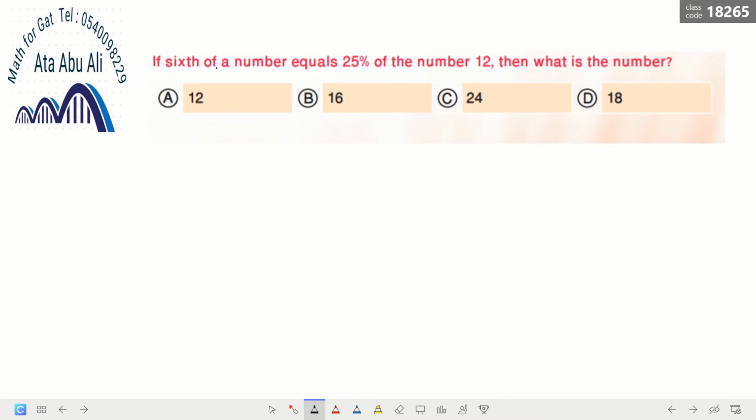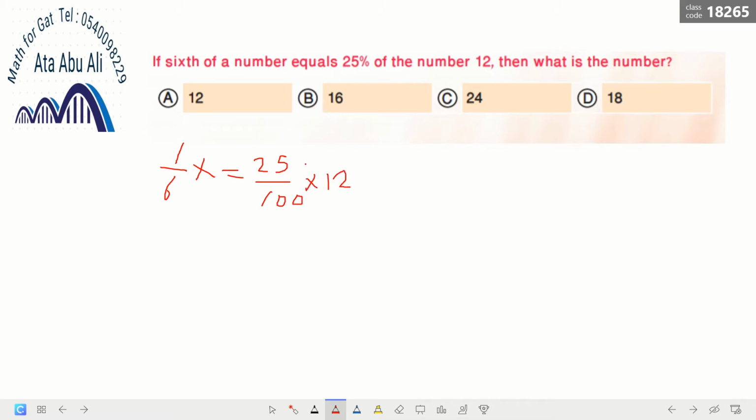Now, if one sixth of the number equals 25% of 12, then what is the number? So here, that means 1 over 6 times x, which is the number, is equal to 25%, which we can make 25 over 100, times 12.